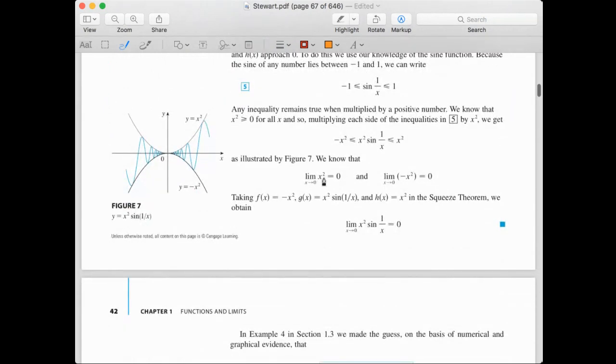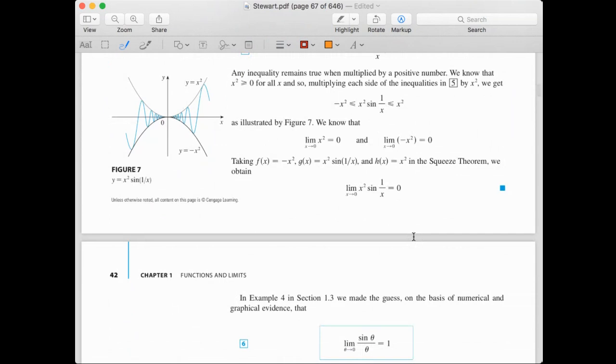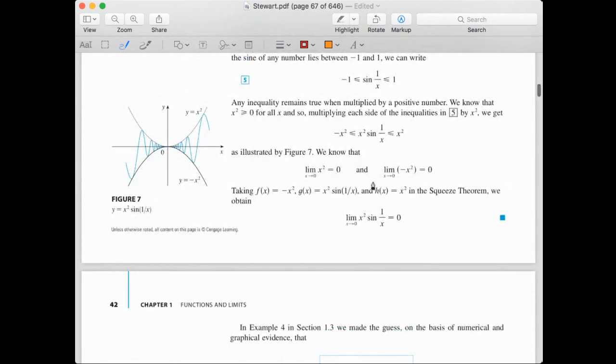We know the limit of x squared as x approaches 0 is 0, and also the limit of negative x squared as x approaches 0 is also 0. So we use this squeeze theorem. Take a limit, let me write here. The limit of this when x approaches 0.